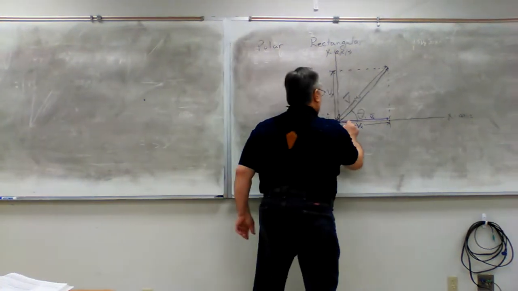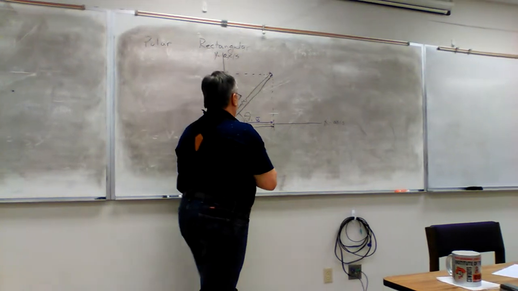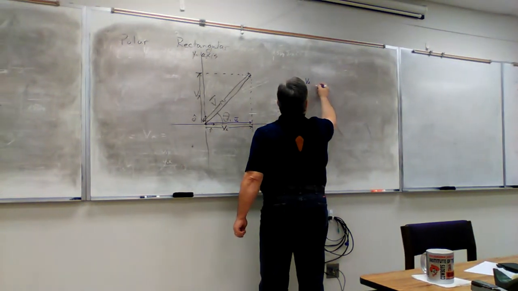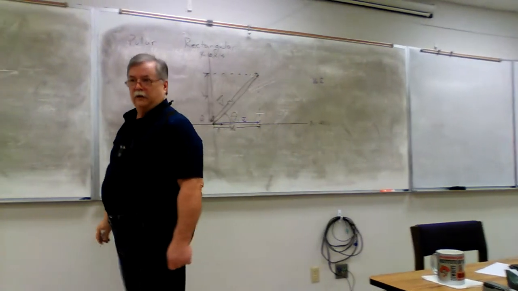We have this unit vector i, we make it that long, which we write as V sub x times the unit vector i, the scalar times the vector.